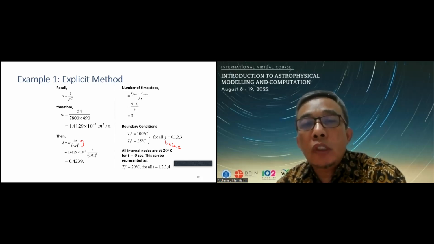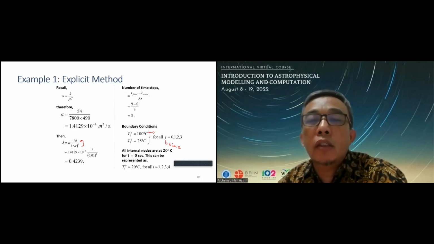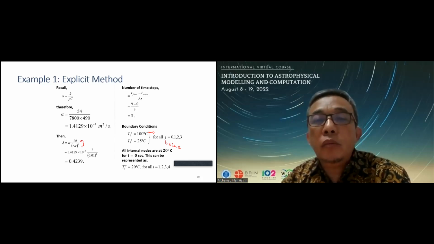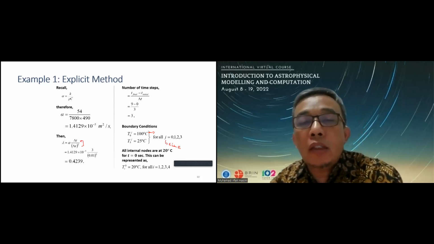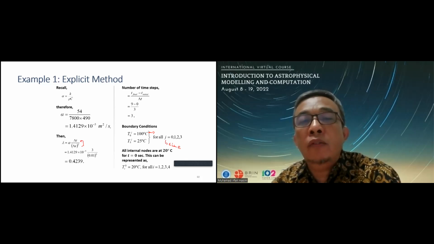At the boundaries, the temperature on the left is always 100 degrees Celsius, and on the right always 25 degrees Celsius.